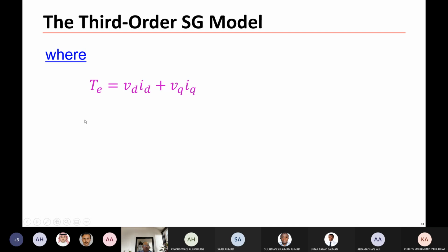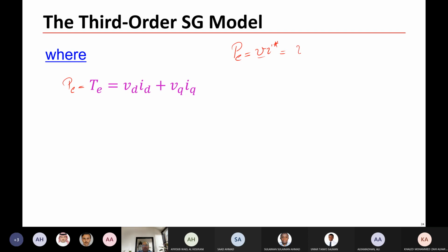The algebraic equation, electric power or electric torque, expressed as VDID plus VQIQ, and this is very simple. Of course, SE equal to V times I conjugate.